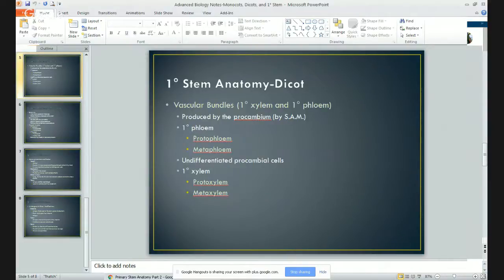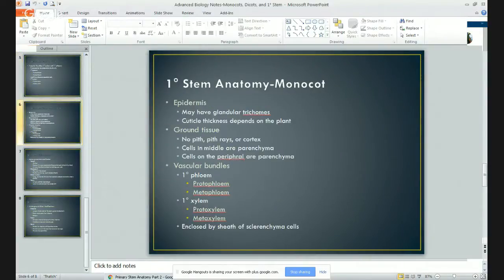So there's your dicot stem. We're going to look now at and compare that with your monocot stem.